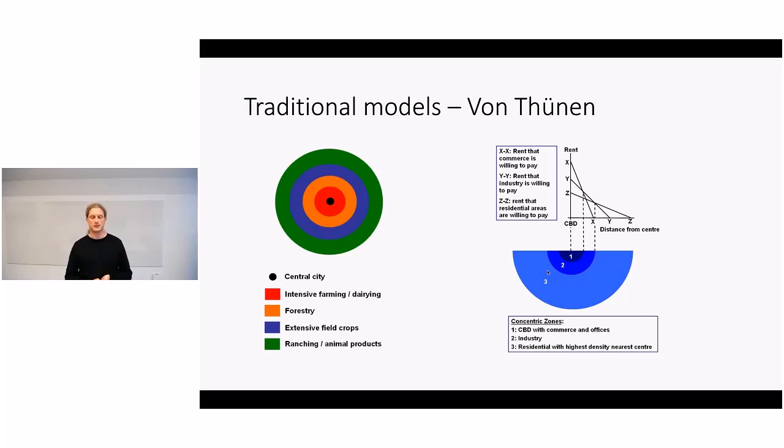So following that demand and that demand curve and that willingness to spend, we get this result, these concentric zones. We have the CBD, the central business district, in the middle. And then you have the residential on the outskirts, where it's cheaper. So this traditional model, well, it's basically a good way to start understand urban development.